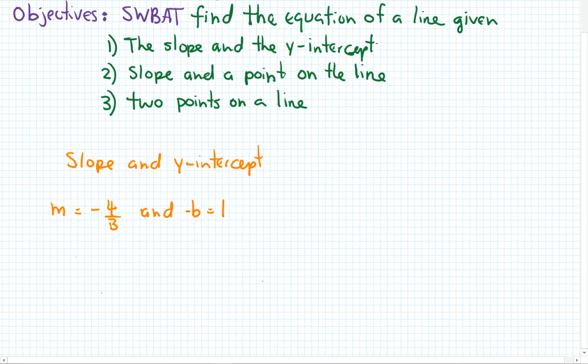Go ahead and stop the video right now and calculate what the equation of the line is going to look like. Now recall, the equation of the line is y equals mx plus b. So go ahead and do that now.